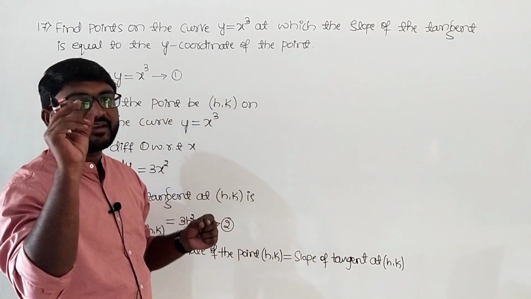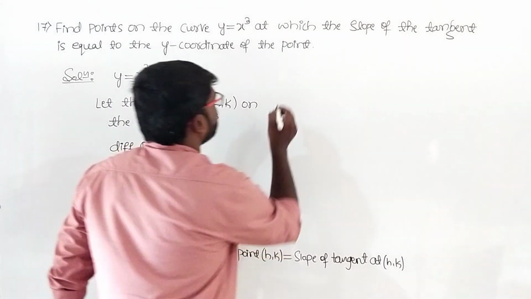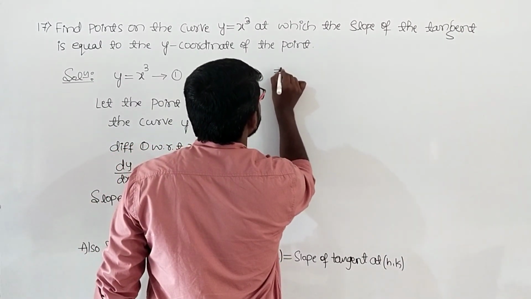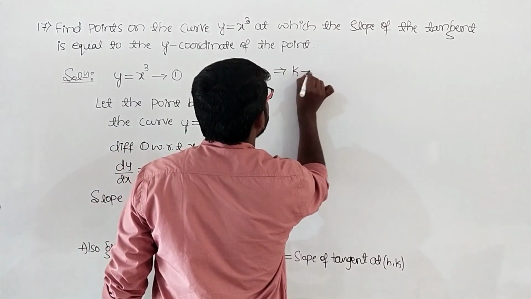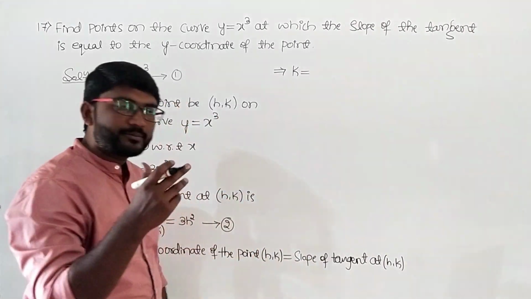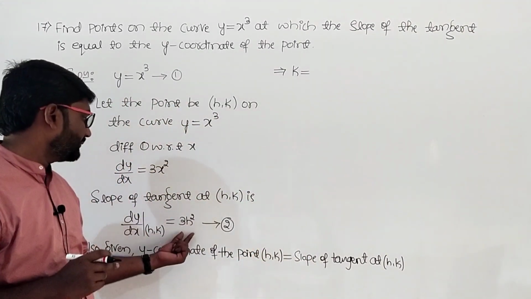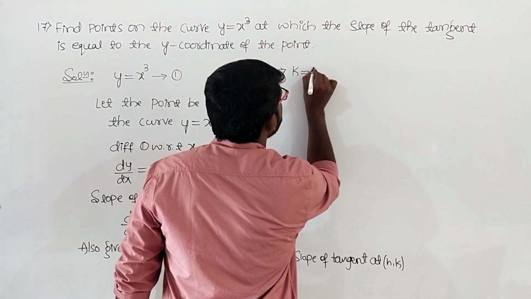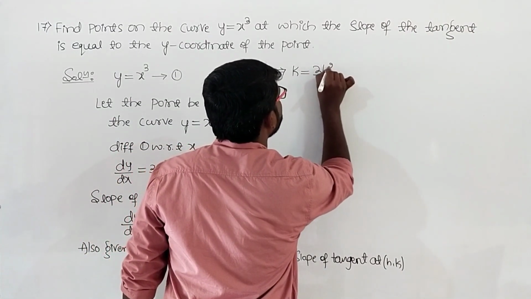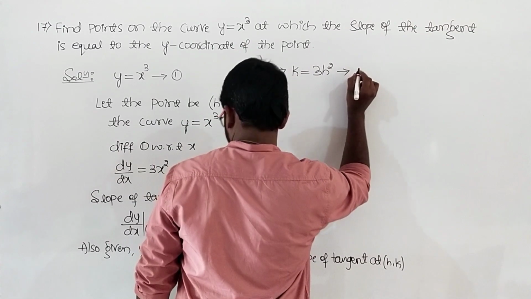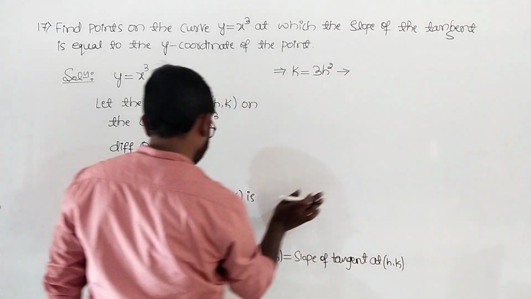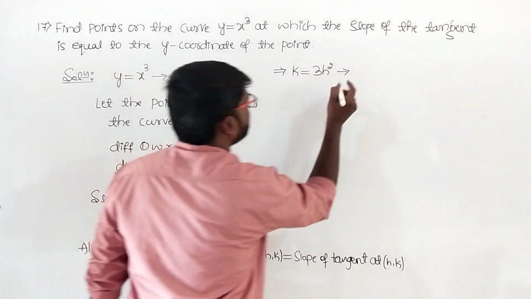In h comma k, the y coordinate is k. This implies k equals slope of the tangent at h comma k. Slope of the tangent at h comma k is nothing but 3h square. So it is 3h square. I call this equation number 2.